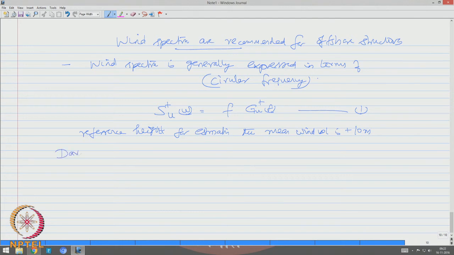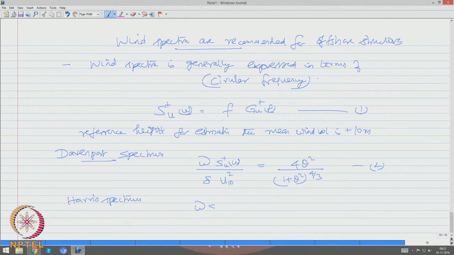So, Davenport has given a spectrum which is the Davenport spectrum. It says that omega S omega by del U 10 square is equal to 4 theta square by 1 plus theta square to the power 4 by 3. Harris also gave a spectrum.